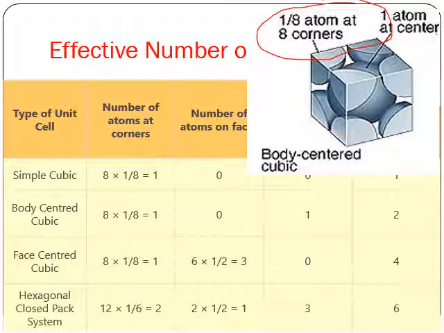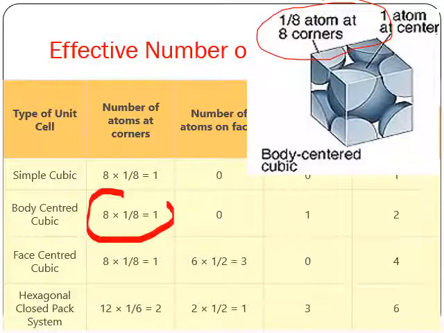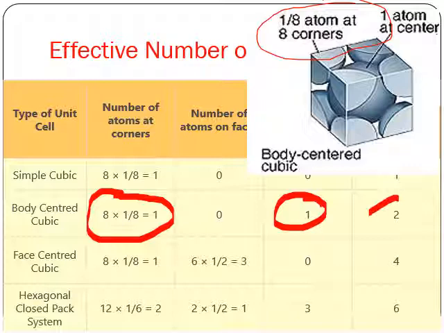So there is no atom at the face, but there is 1 atom at the body center. So 1 plus 1 will be equal to 2. The effective number of atoms present in the body centered cubic is 2.